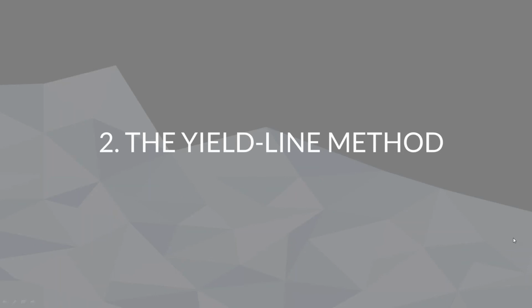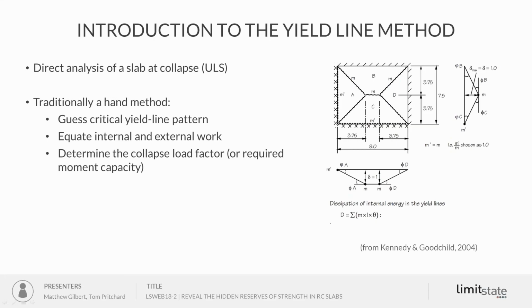Okay, so I mentioned LimitState SLAB is effectively using the yield line method, but automating it. Just to remind those of you who've forgotten, and also to give a brief introduction if you're not aware of the yield line method: basically, it's a direct method of analysing a slab at the point of collapse.